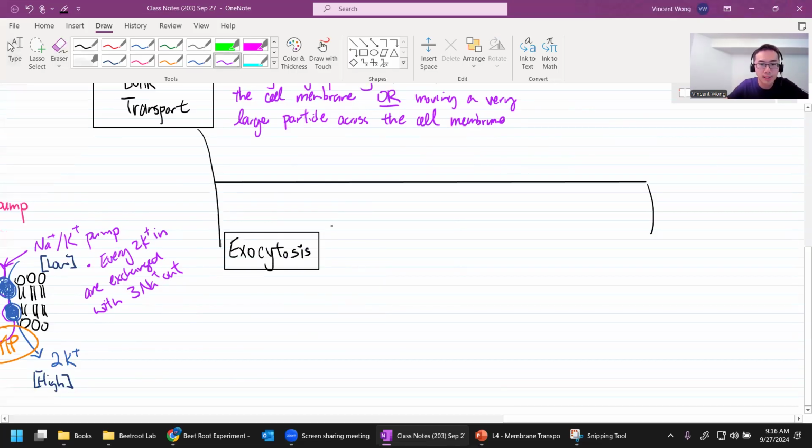Exocytosis is sending things, and again, because it's under bulk transport, when I say things, I'm talking about a lot of it or really big stuff. So sending things out of the cell.